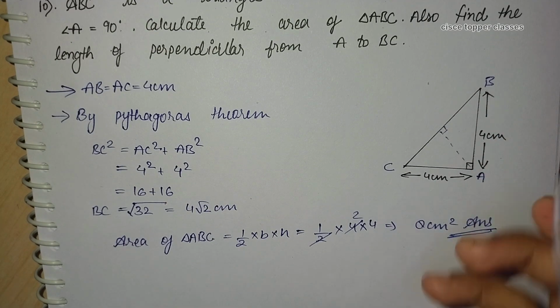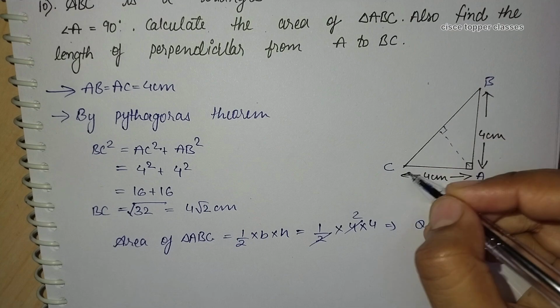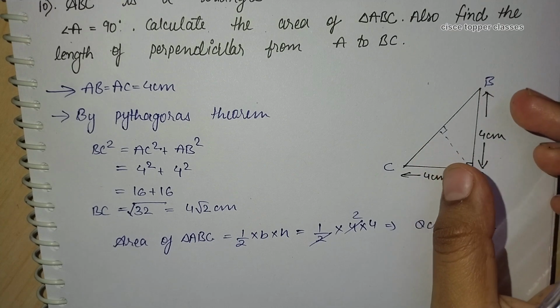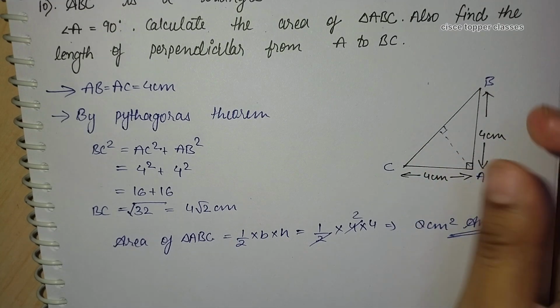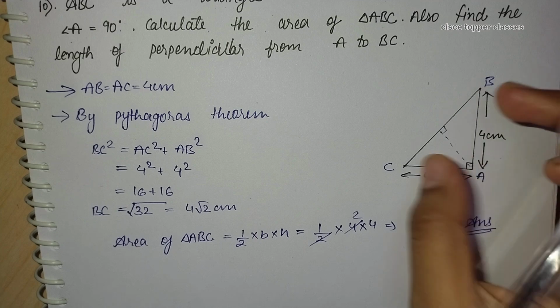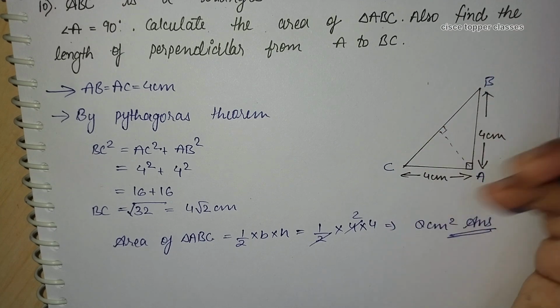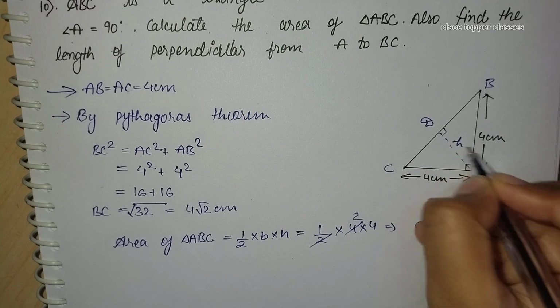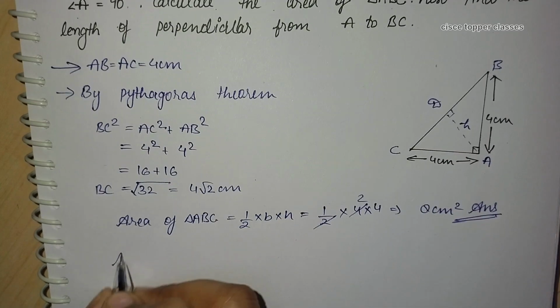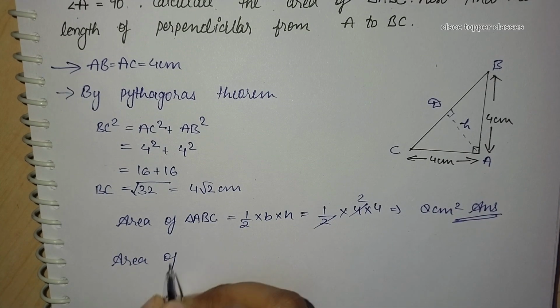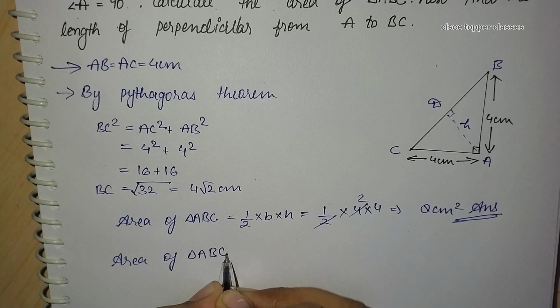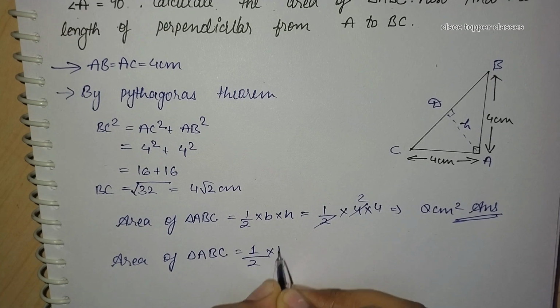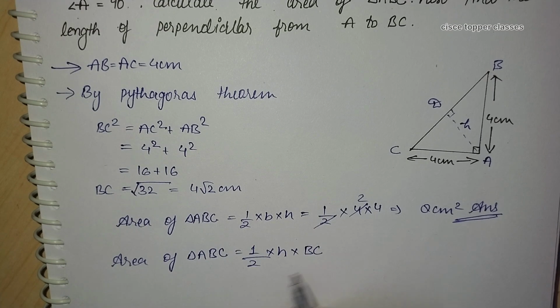Now from this part, by height and this base BC, we can find out the value here. This BC and A, let this be AD. So from that we can find out this height. Let this be H. So let the area of triangle ABC be half of height into BC as base.